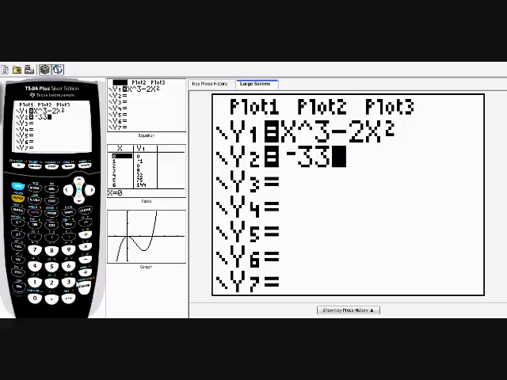There it is. It's, for some reason, going very slow. Yes, your question? Oh, I use the button over here, the x squared key. You can use the caret too if you want to.